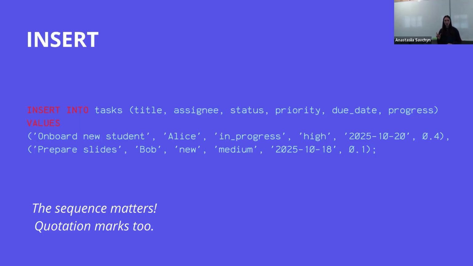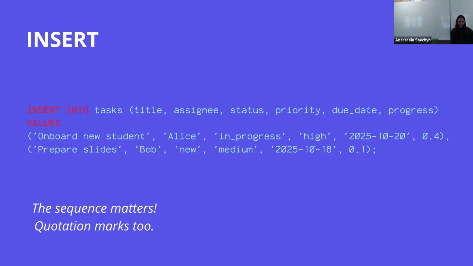After that, you have to list all the fields that you want to insert, and then the values that you want to insert into these fields. You can see there that you can insert multiple rows. For example, here one task is onboarding new student, other is prepare slides. So you can insert both rows in one query.